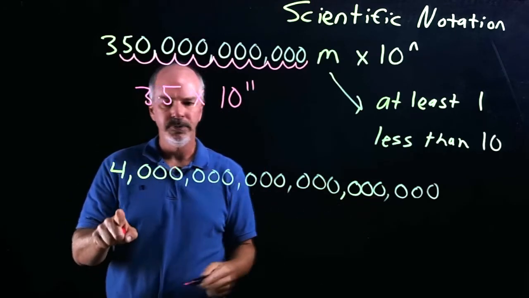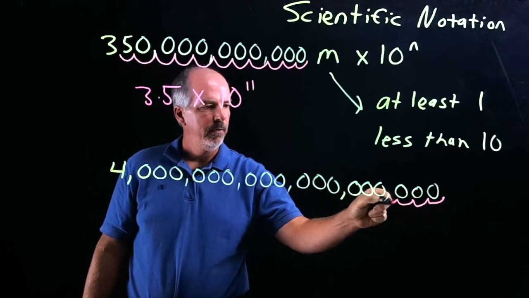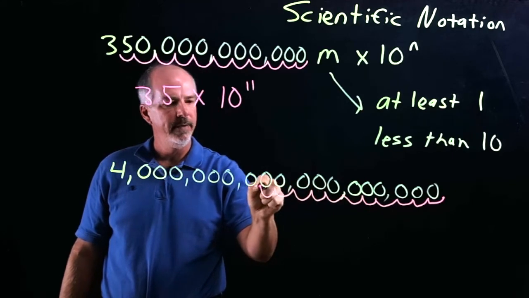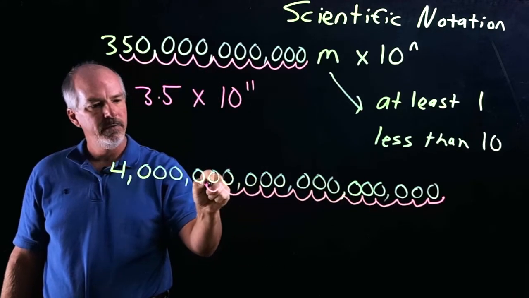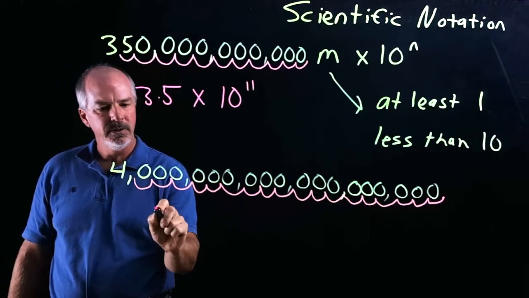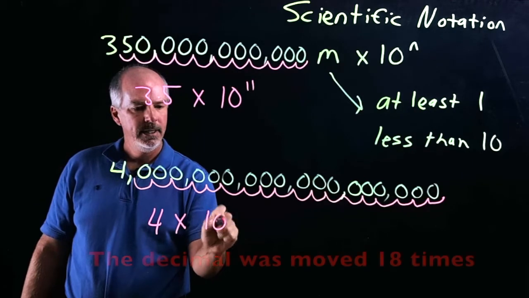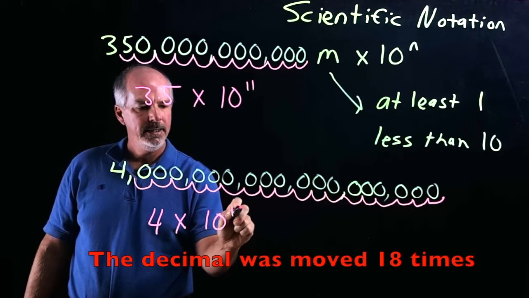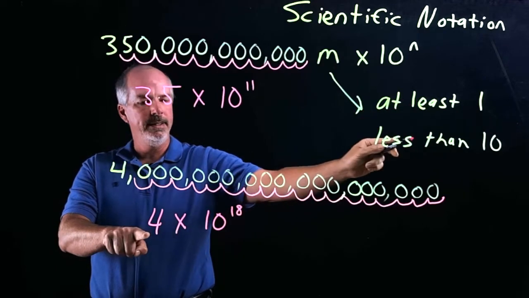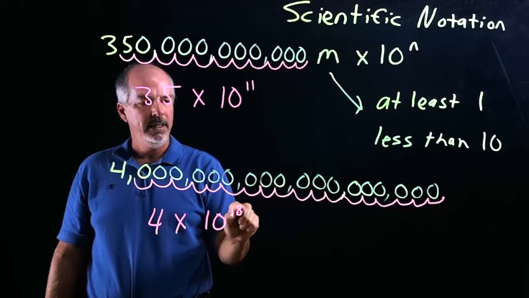Okay, let's look at this one. 1, 2, 3, 4, 5, 6, 7, 8, 9, 10, 11, 12, 13, 14, 15, 16, 17, 18. So it's 4 times 10 to the 18th power. At least 1, less than 10, times 10 to the n, 10 to the 18th power.